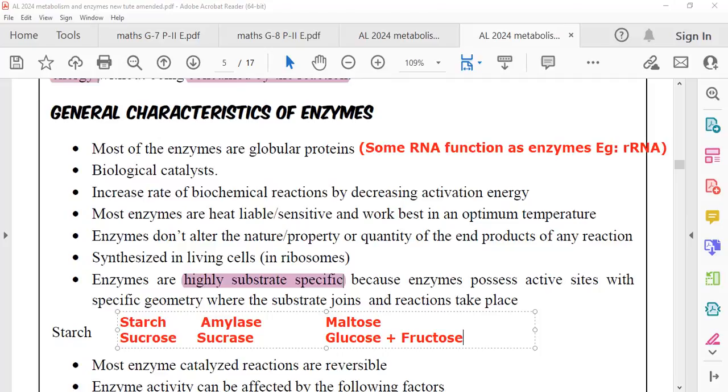Clear? Yes, sir. Because sucrase only can speed up the reaction of sucrose turning to glucose and fructose. If you bring amylase, will it work?